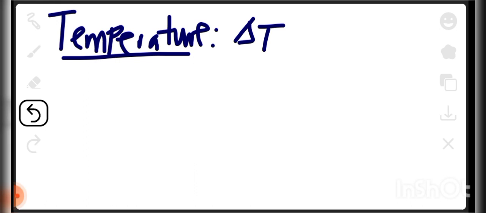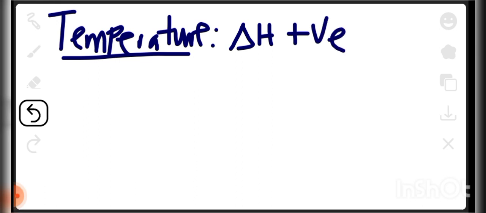Now, there are some things you have to check in this change in temperature we are going to be looking at, which is this delta H, they call enthalpy change, for a given chemical reaction. If this enthalpy change is positive, it means the reaction is endothermic. It's going to take heat from the surrounding.